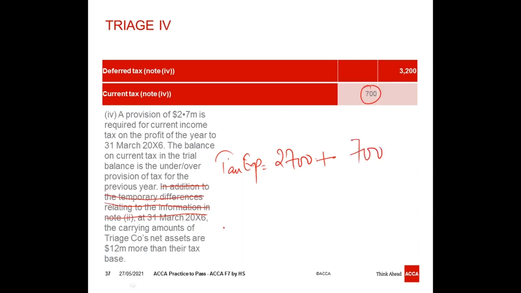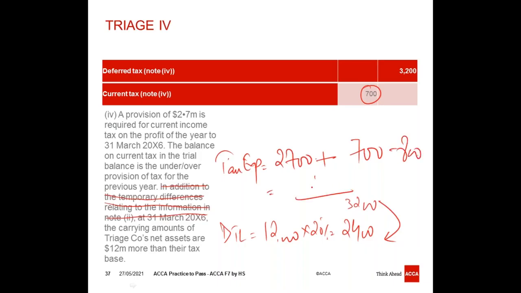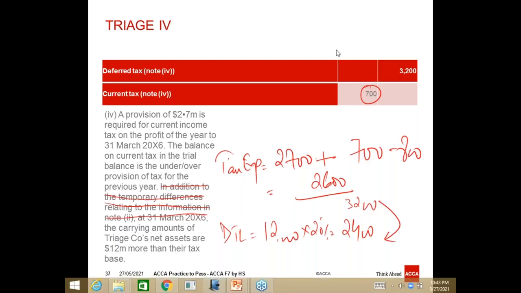Talking about the DTL, deferred tax liability, 12,000 into 20% will be 2,400. Opening balance is 3,200. So there is a decrease in DTL by 800. So the answer should be 2,600 tax expense. Very good. Wonderful.